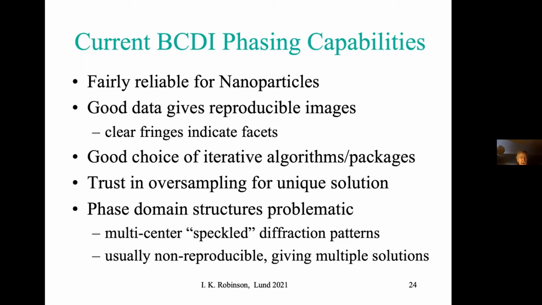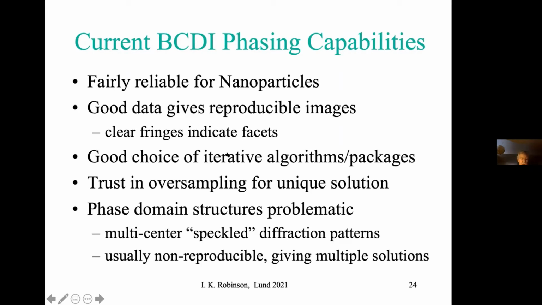And as Ross always reminds us, you need good data to get good images. We see that in the reproducibility of the images. You get a bigger variation of images if you have bad data. And good data usually means clear fringes indicating facets.